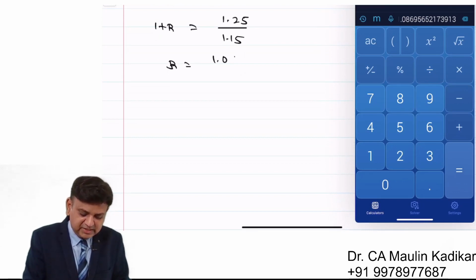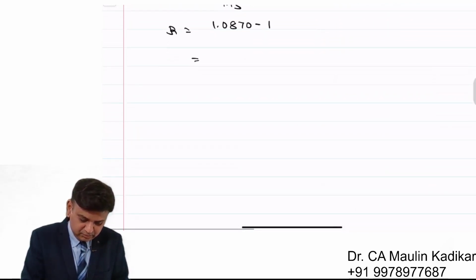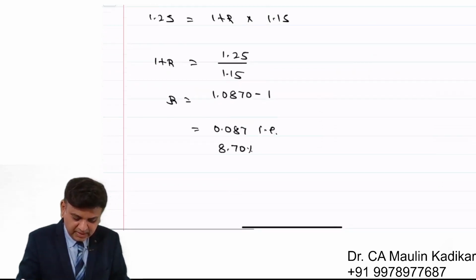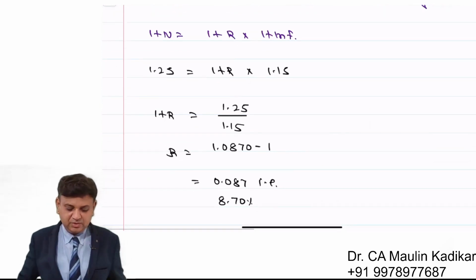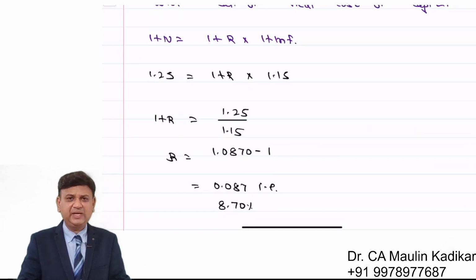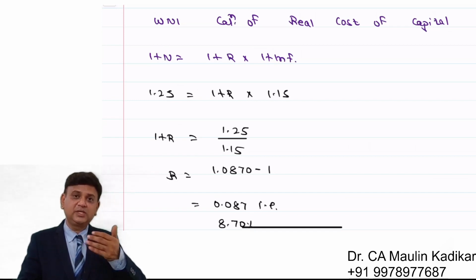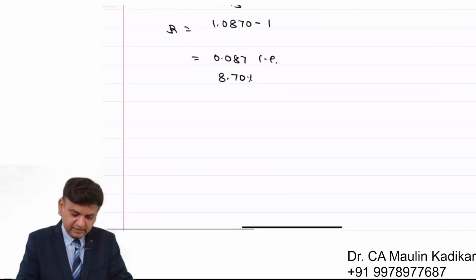Let me take 1.087, minus 1, that is 0.087, that is 8.7%. This is the way the answer of the first working, that is the real cost of capital, can be calculated. Now real cash flows will be discounted with the real cost of capital for finding NPV.